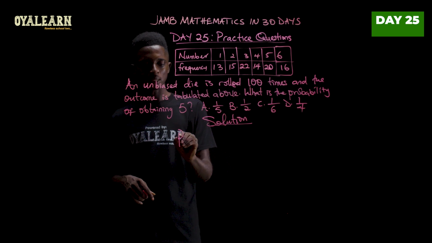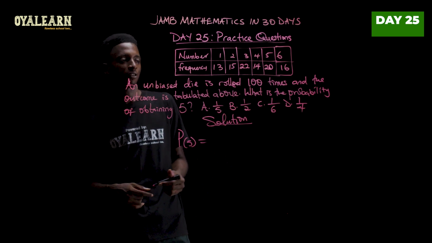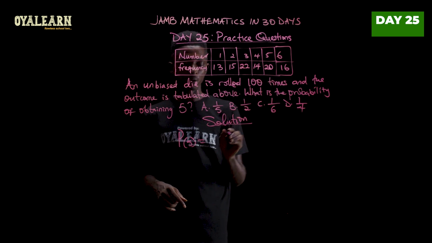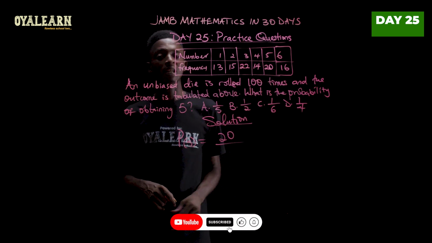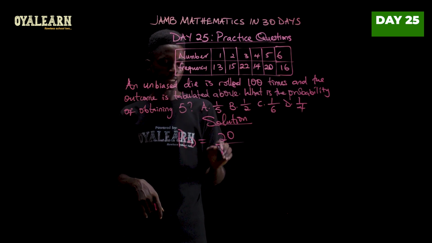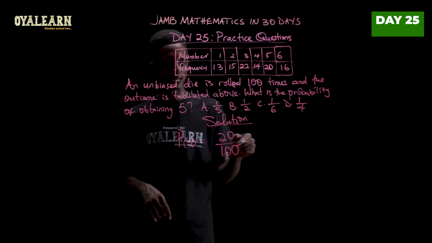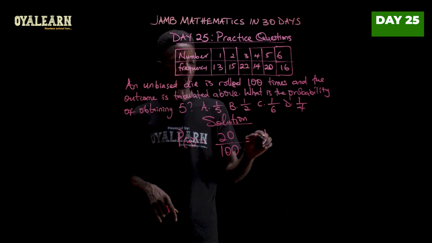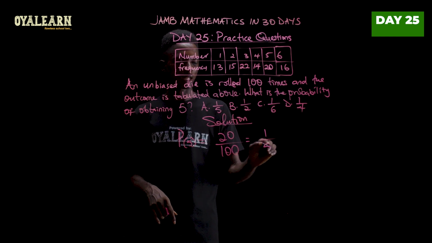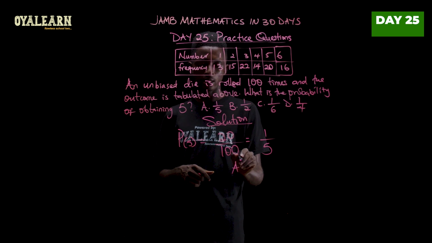So the probability of obtaining 5 is going to be the number of times that 5 was gotten, and we can see 5 was gotten 20 times, over the total outcome. And the sum of all these outcomes here is 100 according to the question. So when we solve here, we see that 20 goes in 20 once and 20 goes in 100 5 times. So our answer is 1 over 5.